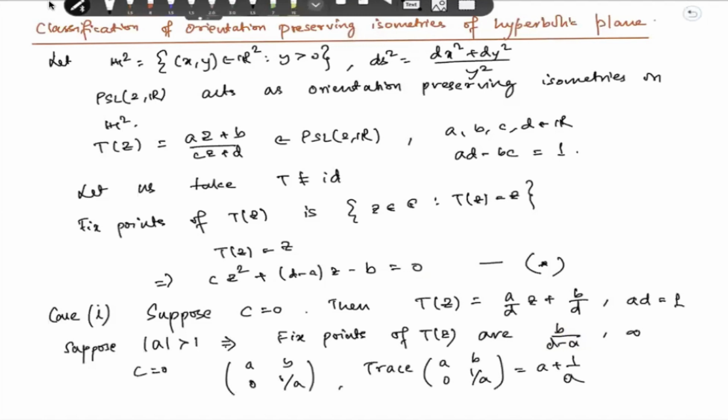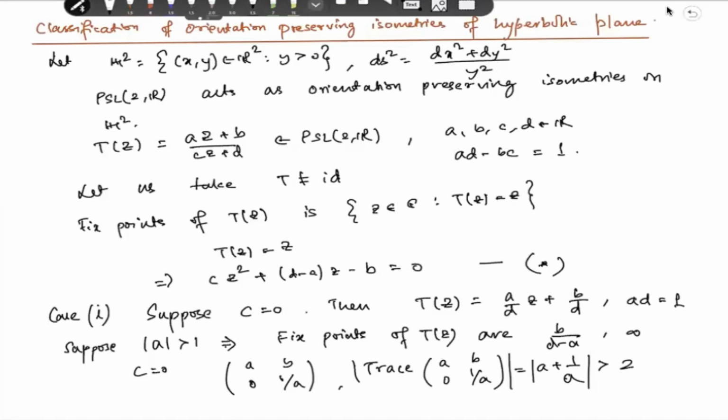Here I should put mod: mod of the trace is mod of a plus 1 by a. Because I have taken mod of a to be greater than 1, it turns out that mod of a plus 1 by a is greater than 2.